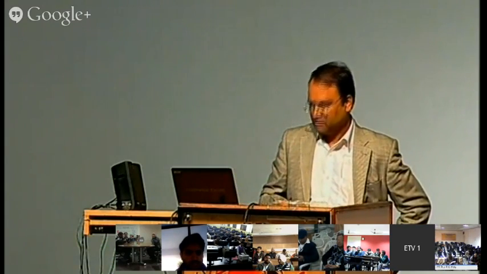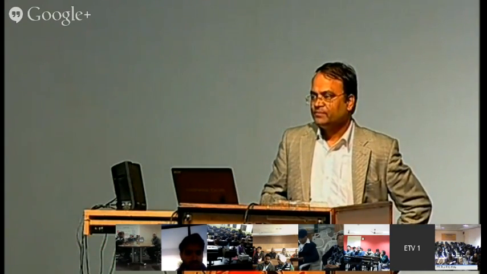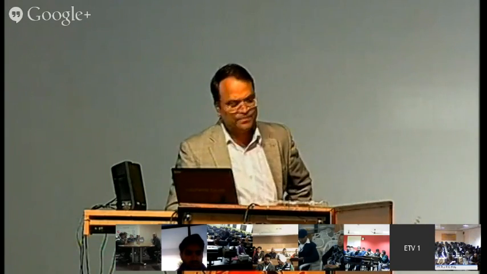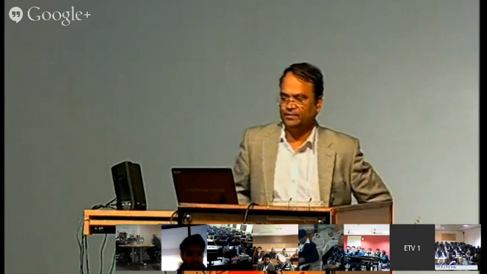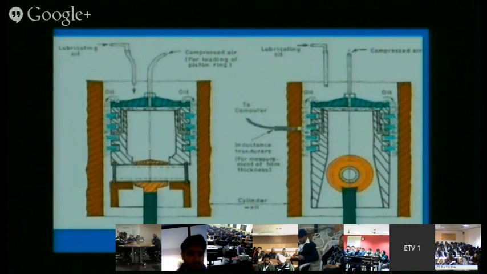So the concept of the rig can be understood like this. If you see the picture, lubricating oil is being dropped from the top, and compressed air, because this is a motorized rig, so firing cannot happen.